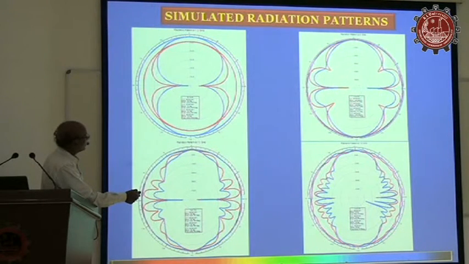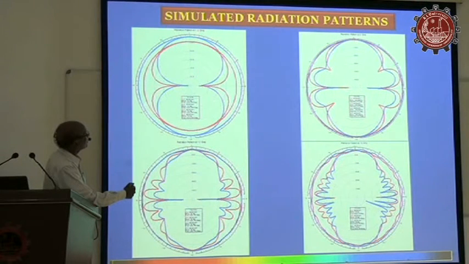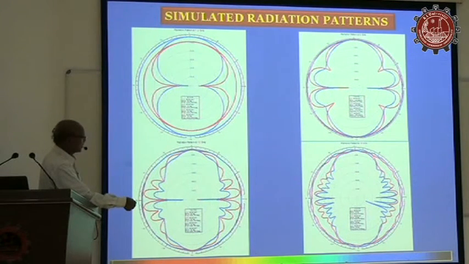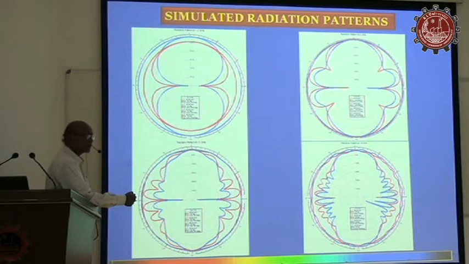But above 2 GHz onwards, this I think is 6 GHz because it is working from 1 to 18. I have plotted 1.2, 6, 12 and 18. You see how close the VP and HP are giving the performance. This is at 18 GHz, 12 GHz, 6 GHz and 1.2 GHz. We require this antenna from 1.2 onward. So that's why I have shown it here.